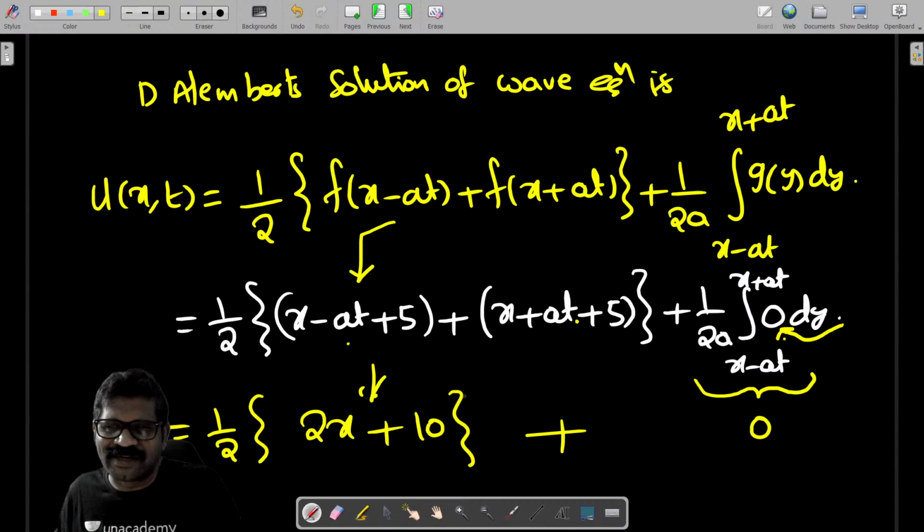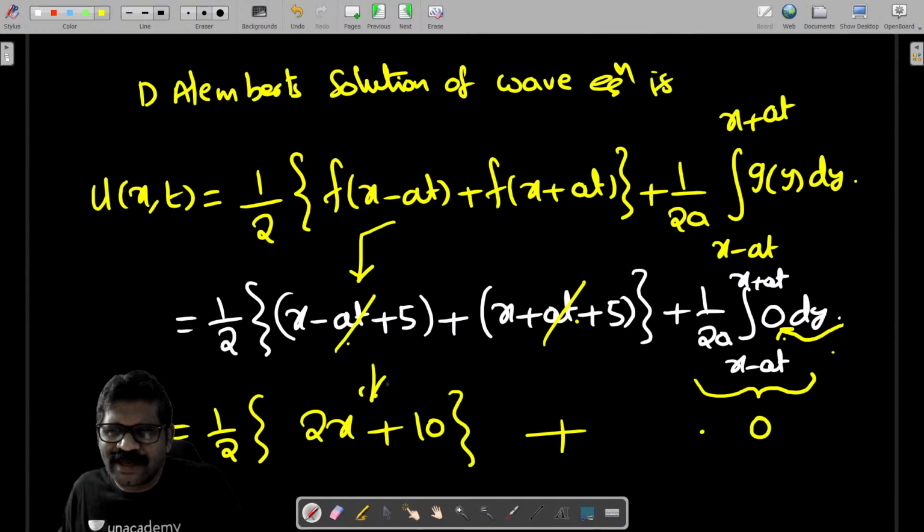If any term of a is involved in your solution, compulsorily you have to substitute. But here minus at and plus at are under cancellation.